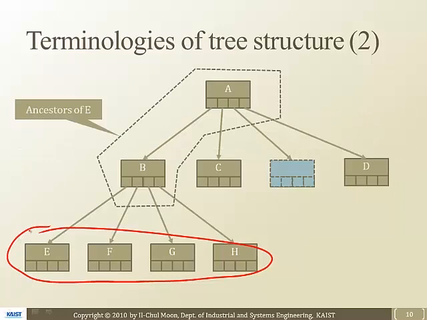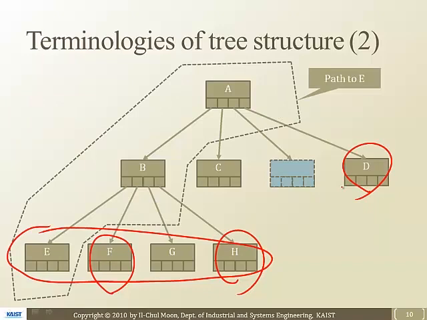And E's ancestors are A and B. F's ancestors are A and B, right? And H's ancestors are A and B. How about D? D's ancestor is actually just A.